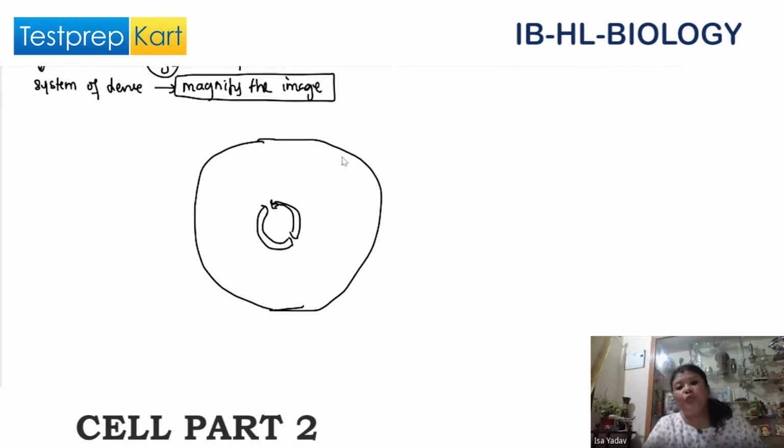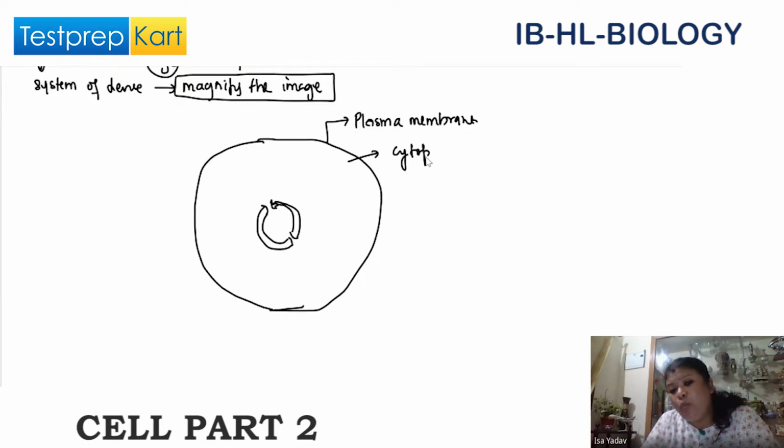So we have the animal cell. The animal cell is always delimited by a plasma membrane. Then we have the cytoplasm. What is the plasma membrane?